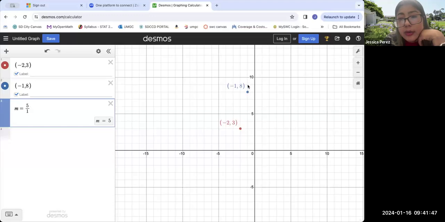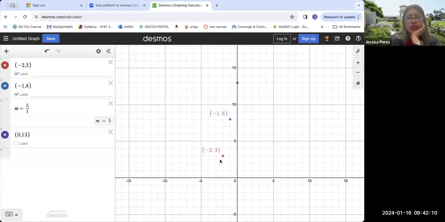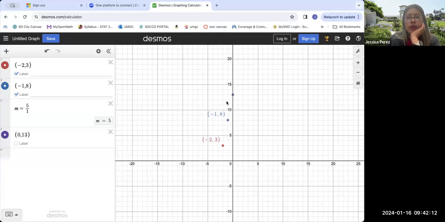Now from here, I need to rise again. If I'm rising 5 again, now I'll be at 13. So up 5 from 8: 1, 2, 3, 4, 5. And then right here, my other point would be (0, 13). So up 5 over 1, up 5 over 1, up 5 over 1.